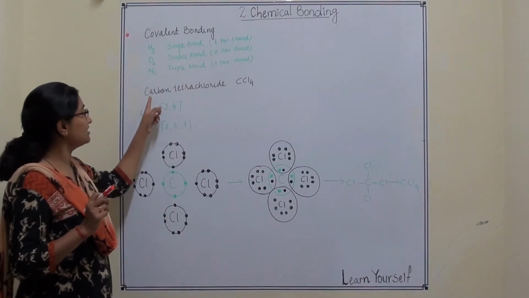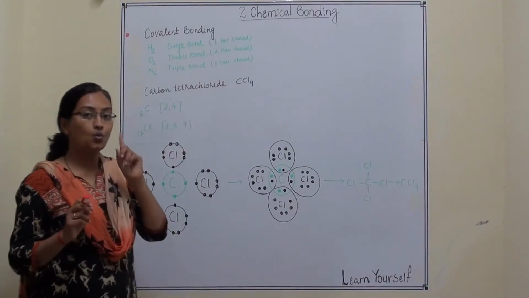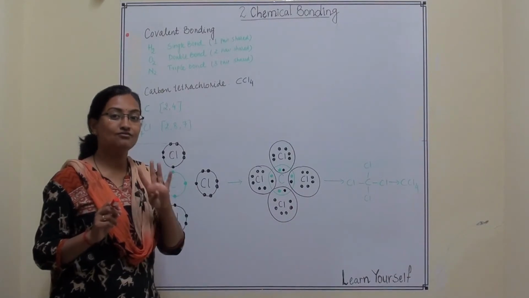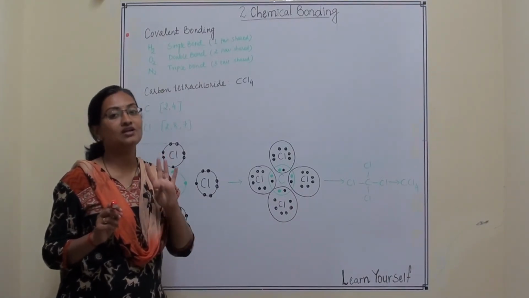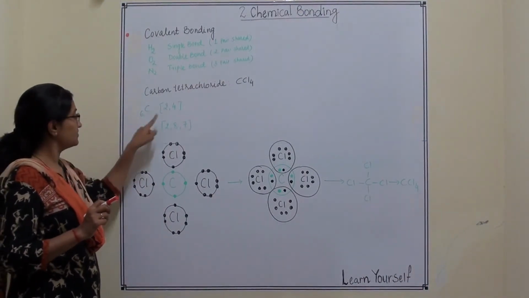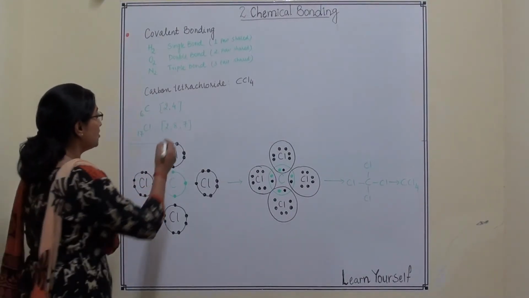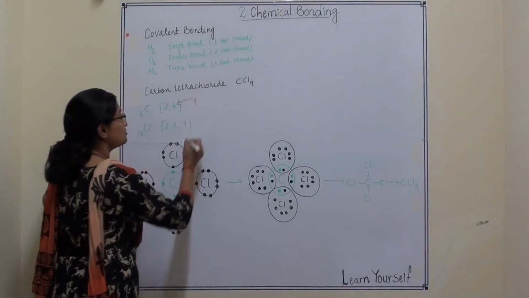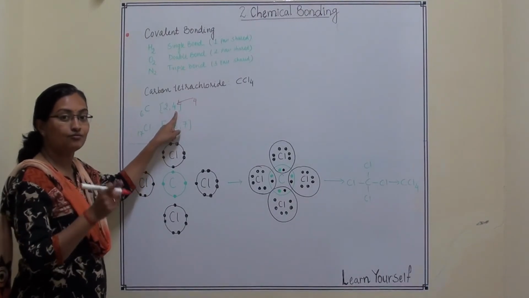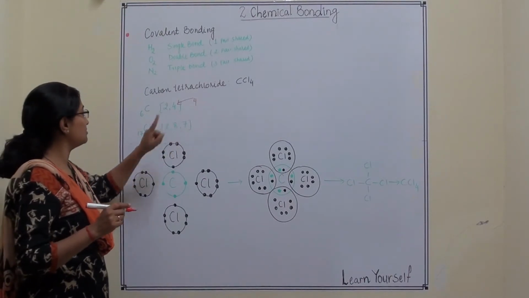So here we have taken the example of carbon tetrachloride, that is CCl4. In that, one carbon will form 4 different covalent bonds with 4 different chlorine atoms. First of all, carbon has atomic number 6, electronic configuration 2, 4. So it requires 4 electrons in its valence shell to complete its outermost shell, and it will follow the nearest noble gas neon's electronic configuration to become stable.